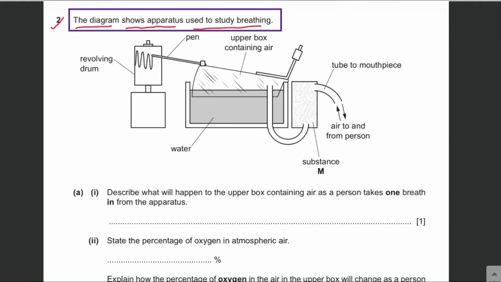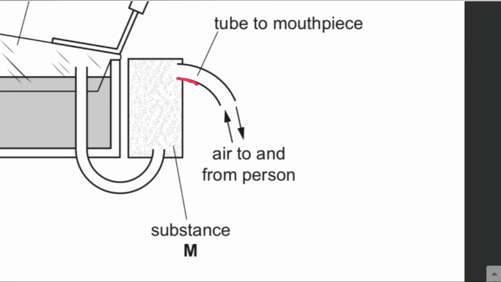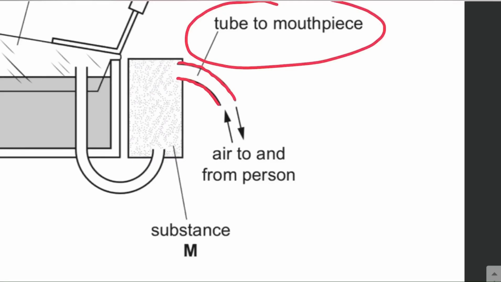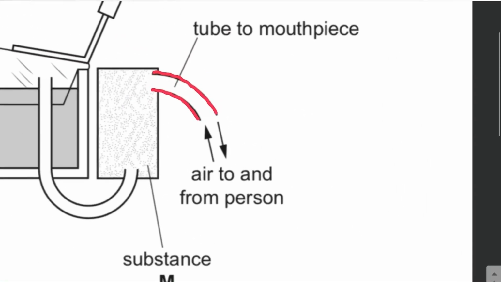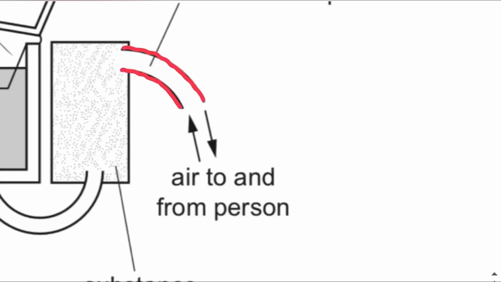If we analyze this apparatus, there's a tube which is connected to a mouthpiece, right? And the mouthpiece is in the person's mouth, through which the person is breathing in air and breathing out air. When the person breathes in, the air goes into the person's lungs and the air goes out of this tube.